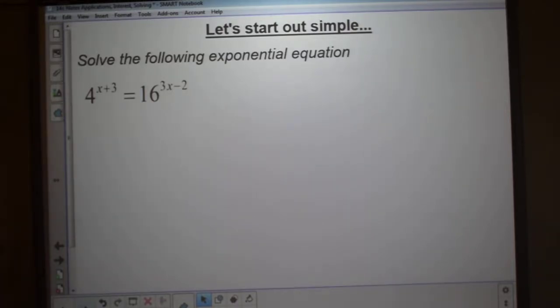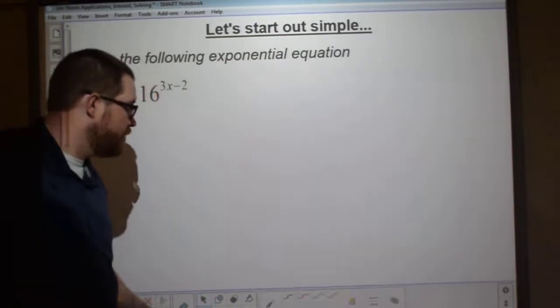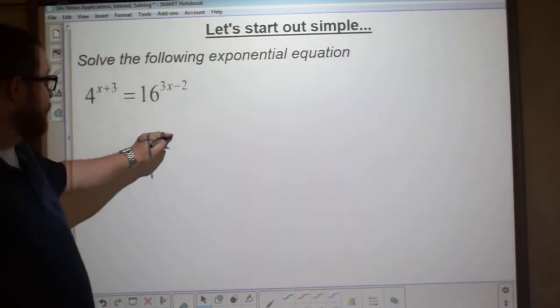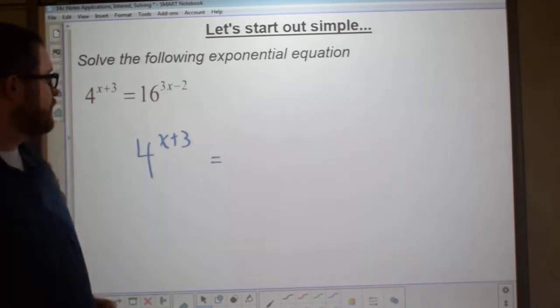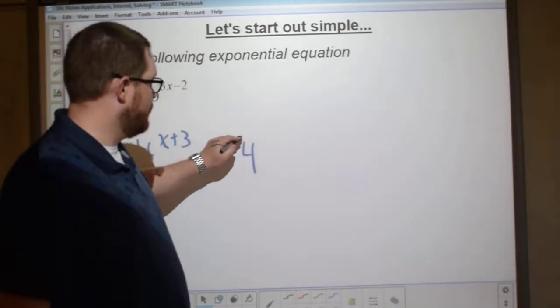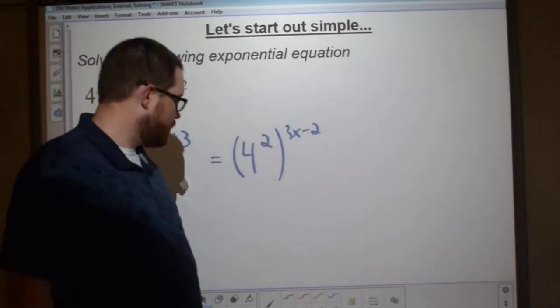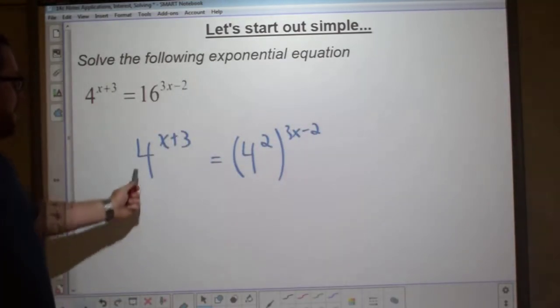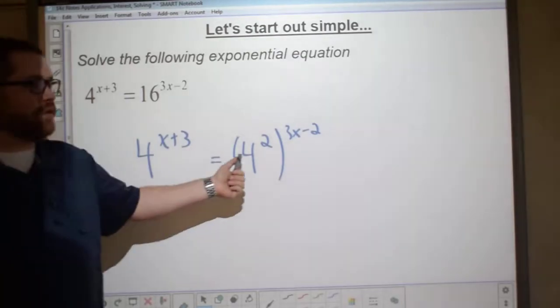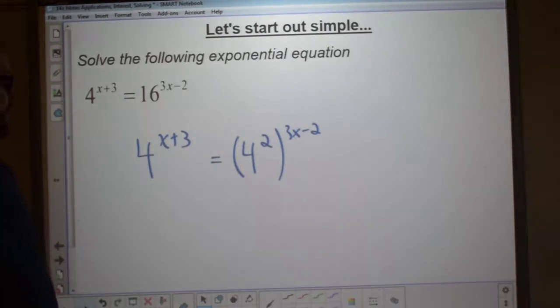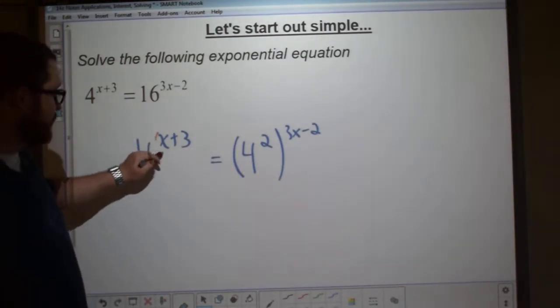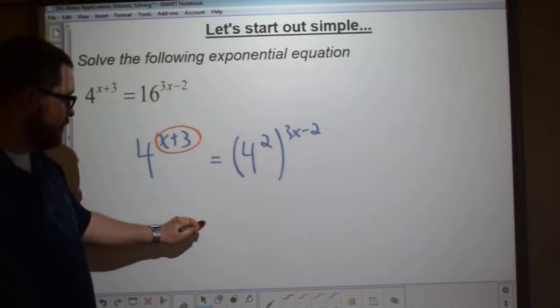Let's start out simple. Solve the following exponential equation. I could do it with a log, but sometimes I can do it by rewriting the problem. Now what do I mean? Well, I know that I can rewrite 16. 16 is 4 squared. Now look, the bases are the same. They're both base 4. If the bases are the same, the exponents have to be the same. So this exponent is x plus 3.